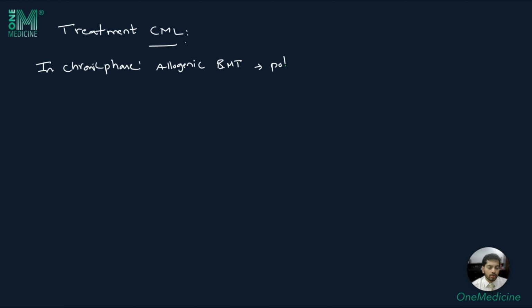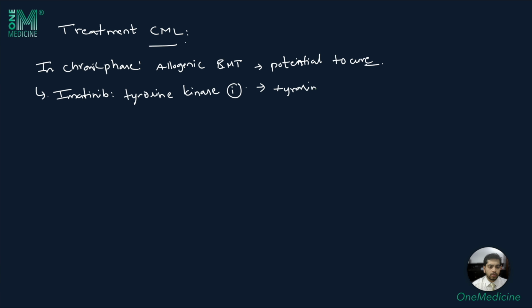Now let's look at the treatment for chronic myeloid leukemia. In chronic phase, allogenic bone marrow transplant has the potential to cure the disease. Usually the preferred initial therapy is imatinib, which is a tyrosine kinase inhibitor and specifically inhibits the tyrosine kinase that is created by the BCR-ABL fusion gene.